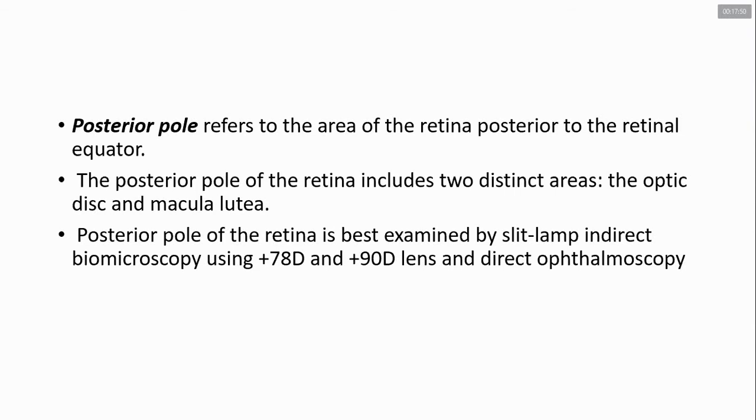But as you have seen, if you have come to the ophthalmology clinic, I am frequently using the plus 90 diopter lens to examine the fundus. Similarly, we have the plus 78 diopter lens, a little bit larger in size. So with the help of these two lenses, it will be clearer to see the posterior pole.